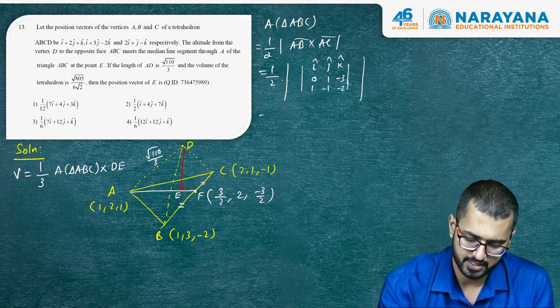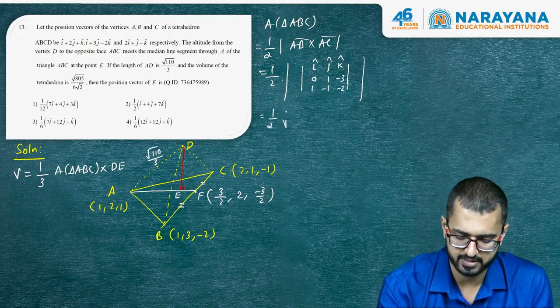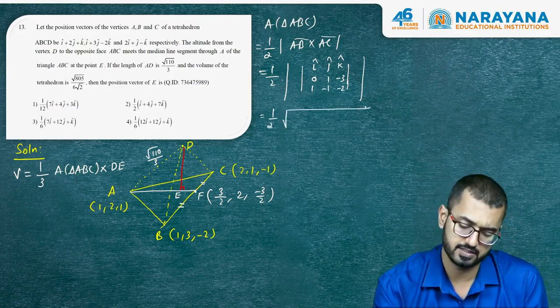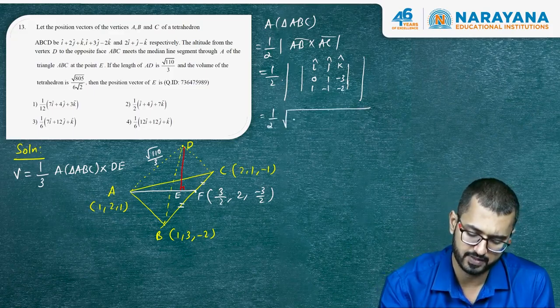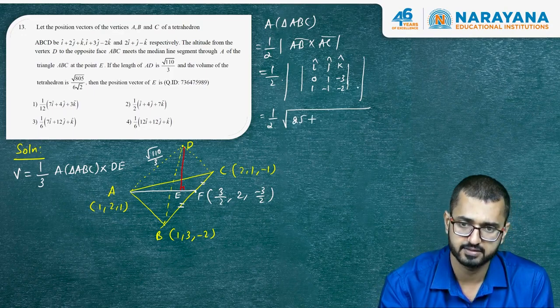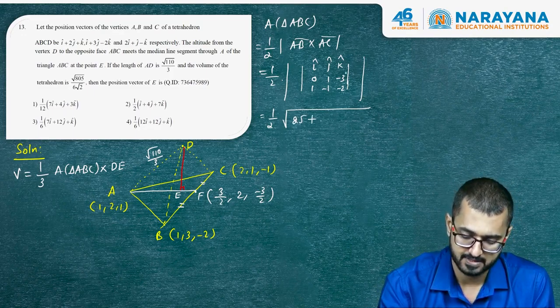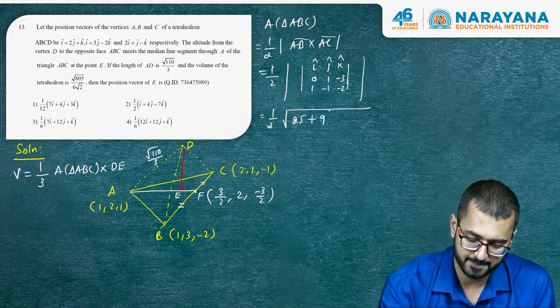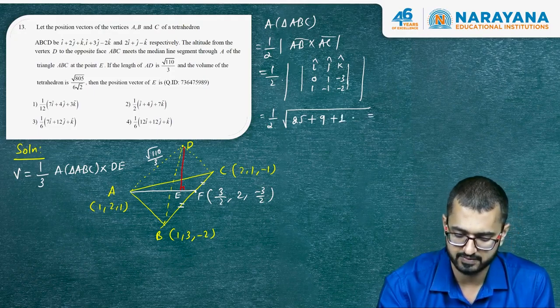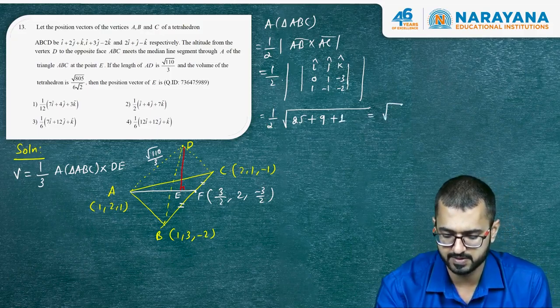Now we want its magnitude, so we'll just go on writing simultaneously. With i, j, k, that turns out to be minus 2 minus 3, so 5, which gives 25, plus next for j, 3, so 9, and then for k, 1. That means we now have 25 plus 9 plus 1, which is 35, over 2.